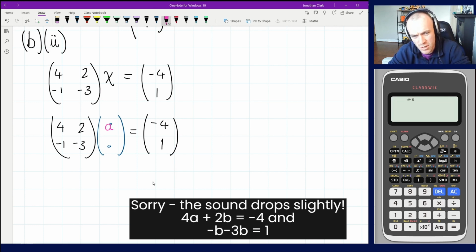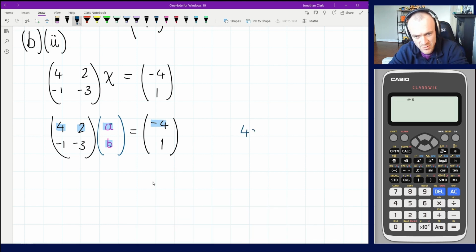So you could say, I don't know what these letters are in the matrix, but I know that if I was to multiply it, 4 times a plus 2 times b would give the value there. You could make a simultaneous equation. And you could make something really similar by going through on the bottom line: -1 times a minus 3 times b is 1.